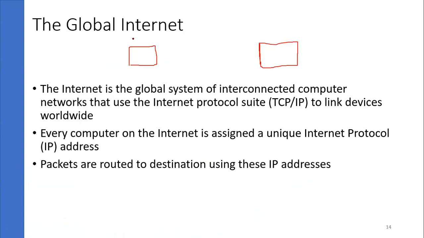So if you get an address of ABC, for example, number 15, Main Road, Panadura. This is the address of this house.